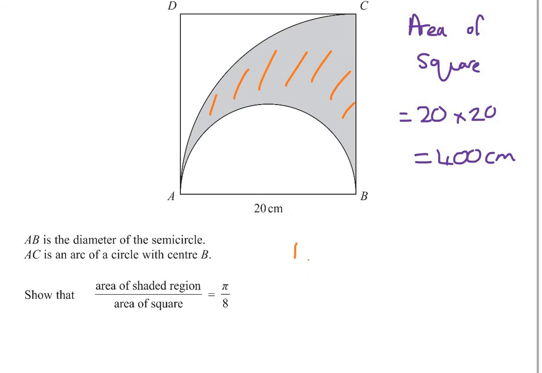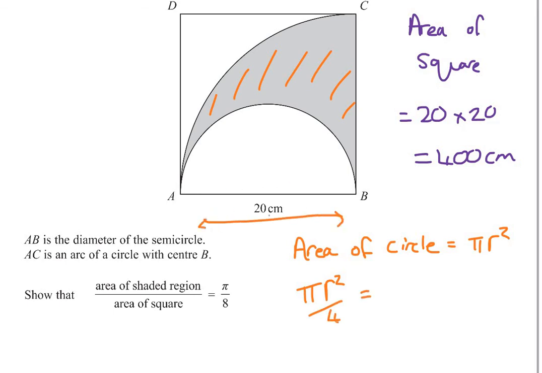So the area of a circle is pi r squared, where r is the radius. So the area of a quarter circle is pi r squared over 4. And in this case, r is just this distance here because B is the center of the circle. So this equals pi times 20 squared over 4, which equals 100 pi.